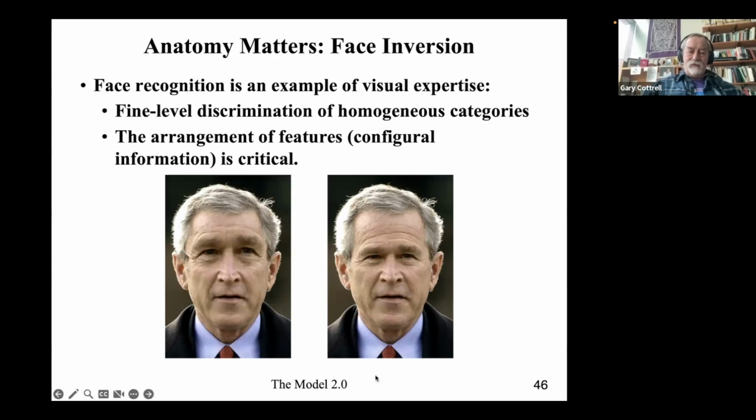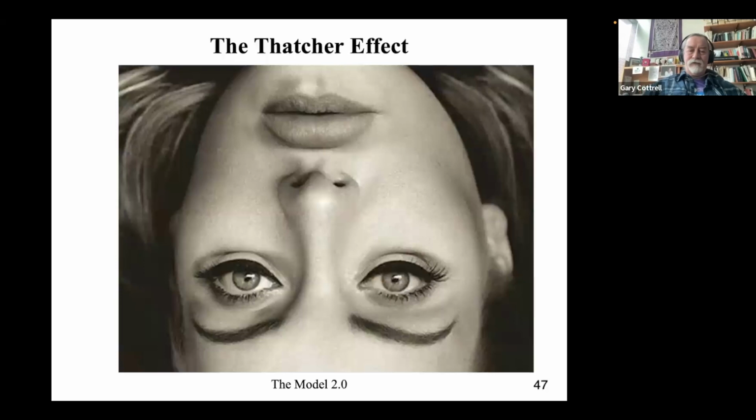So here I've used a feature of PowerPoint which allows you to cut out an oval, and I've shifted his eyes up a bit. So the arrangement of the features is critical, and you disproved my hypothesis that you would be worse at upside down ones. How about this? Who is this?